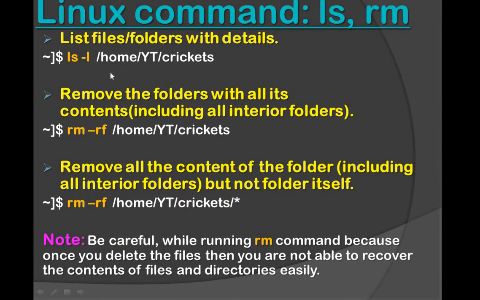Next things is we are going to see the ls command. That what is ls command do? List files and folders with details. Using ls command we can list the files and folders, and when we put ls -l then it will list the file and folder with details like this way: ls -l space slash home slash yt slash crickets, and after that put enter.